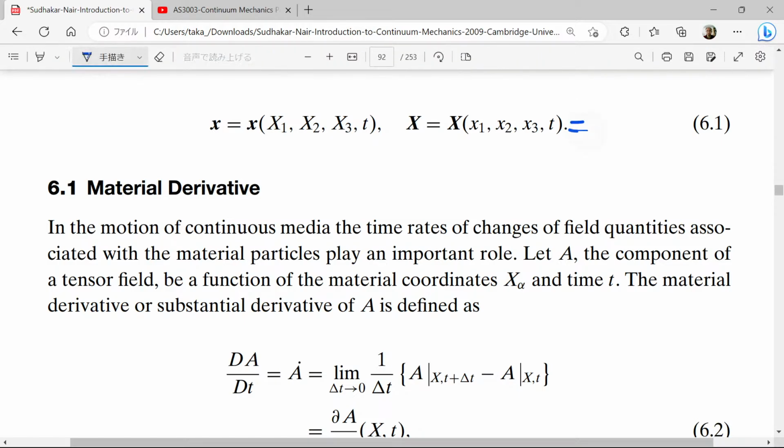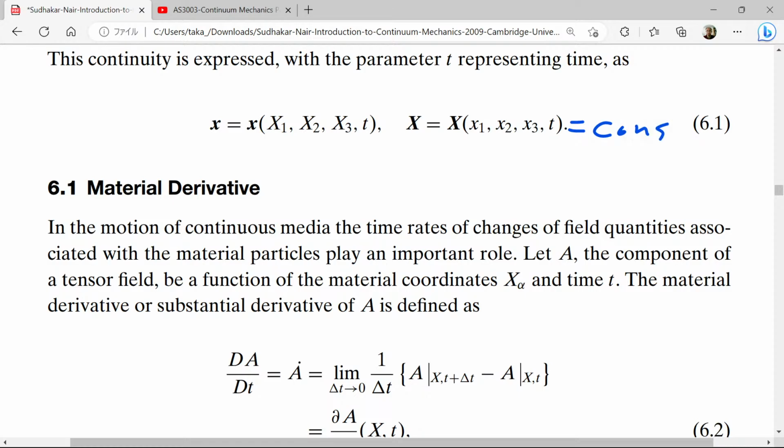This is constant. So this is more like X1, X2, X3, and time doesn't matter. But this is not constant. Small x, okay, anyway.